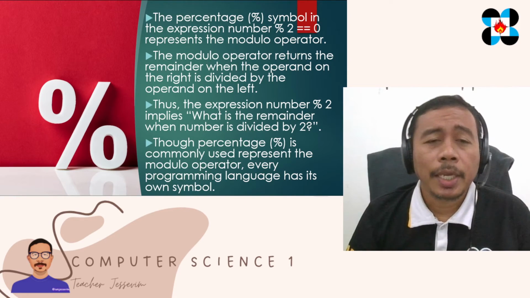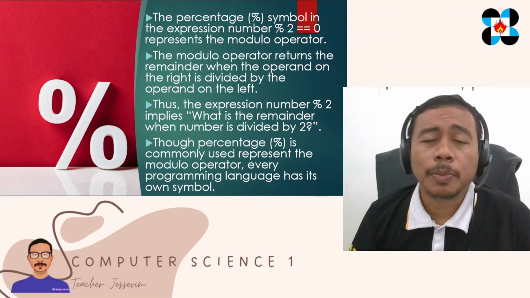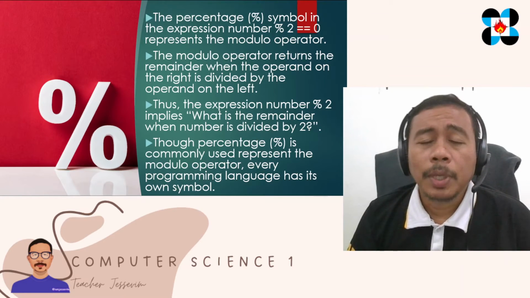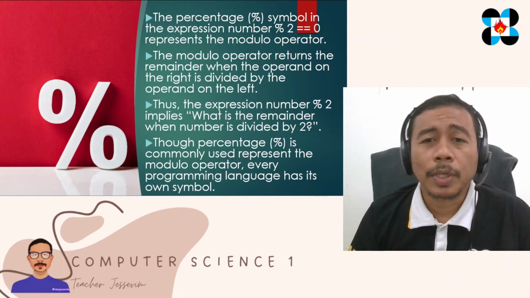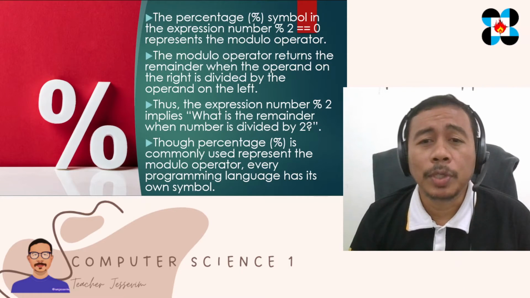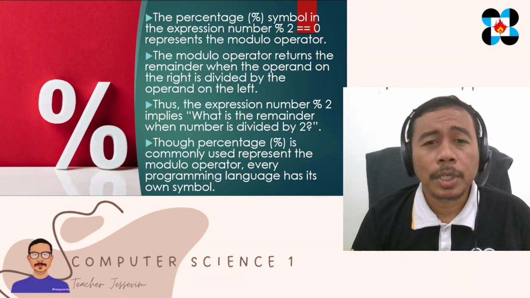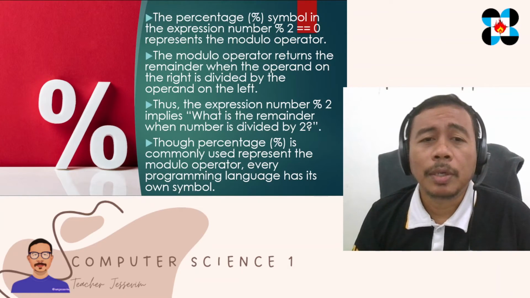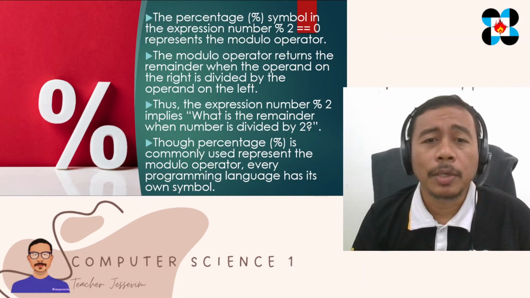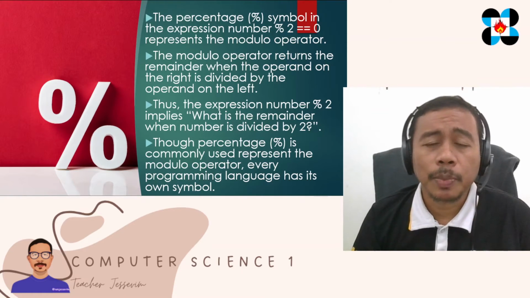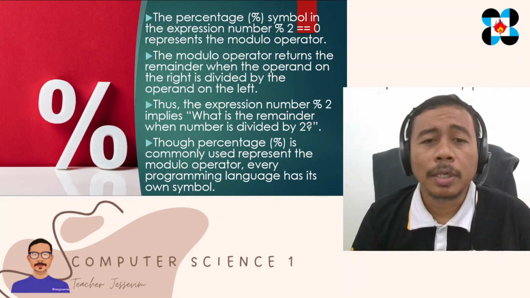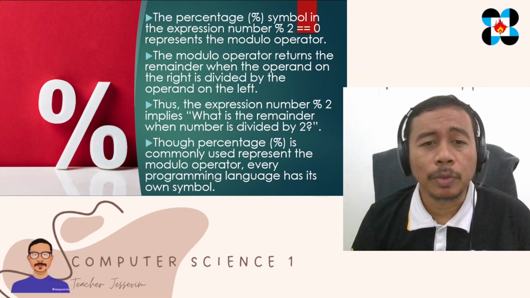Then the percentage symbol in the expression number % 2 is equal to 0 represents the modulo operator. The modulo operator returns the remainder when the operand on the left is divided by the operand on the right. Thus, the expression number modulo 2 implies what is the remainder when the number is divided by 2.